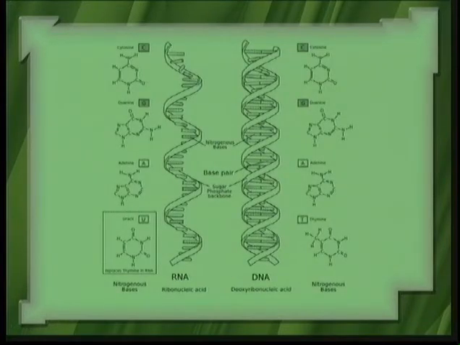Here's a diagram showing a double helix of a DNA molecule, deoxyribonucleic acid, and the bases, of course, are cytosine pairing with guanine, adenine pairing with thymine. We can see 2 differences here because we don't really see the sugar. But here you see that RNA tends to be single-stranded.